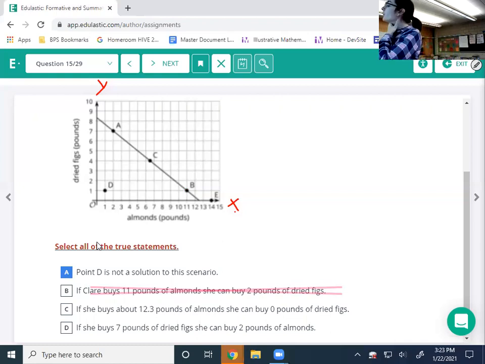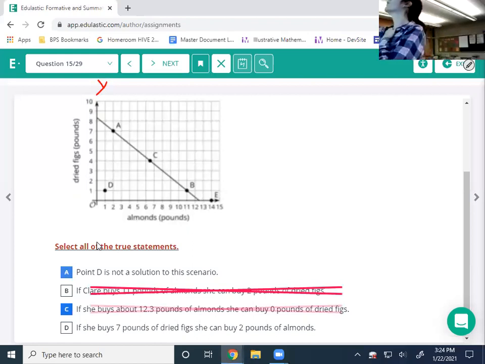No? Okay. So if I'm looking for this 12.3 almonds, that means on my x-axis, I need to go over to 12.3. I would say that's probably there. And that's right. Can she buy 0 pounds of dried figs? So it hits here. 12.3 is like here-ish. If I go over to how many figs, it's 0. So this is a true statement because when she buys 12.3 pounds of almonds, she can only buy 0 figs there. Perfect.